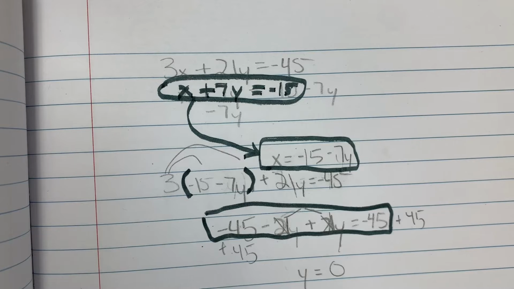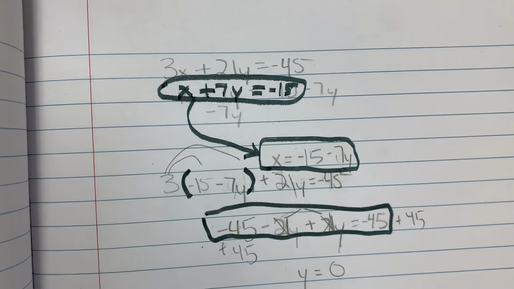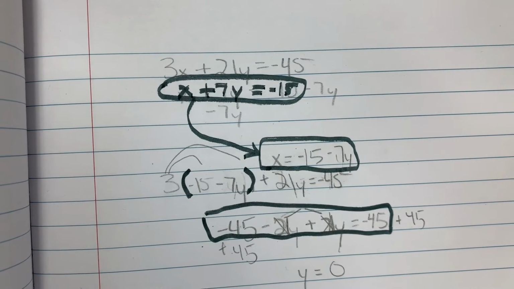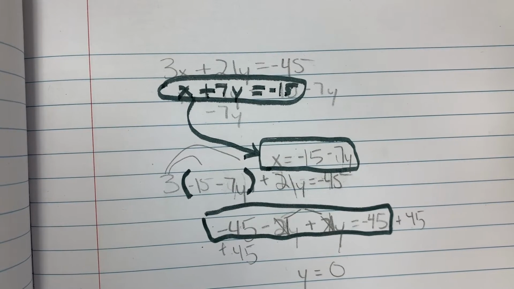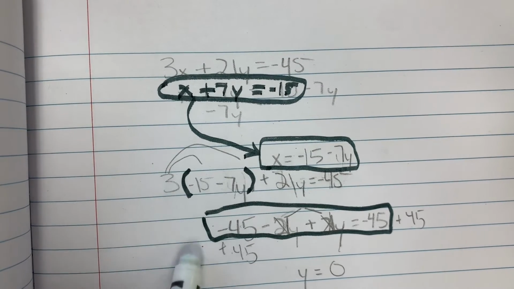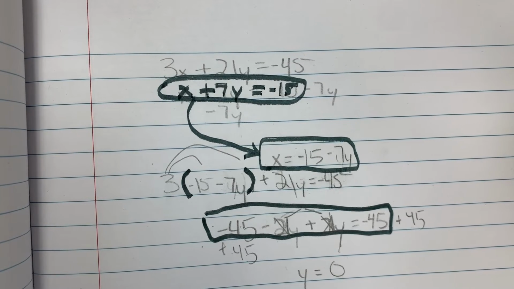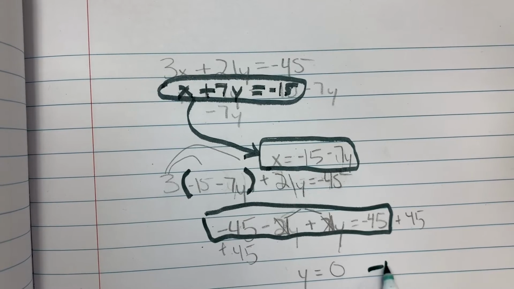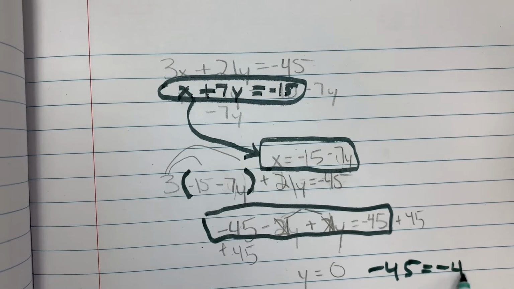Yeah. And so then, are we getting any information out of this? No. That's kind of weird. Because it's a correct answer, but something is missing here. This is just basically negative 45 is equal to negative 45.